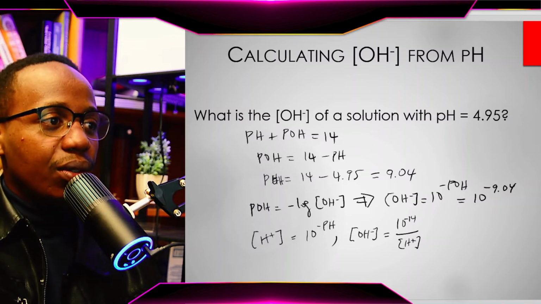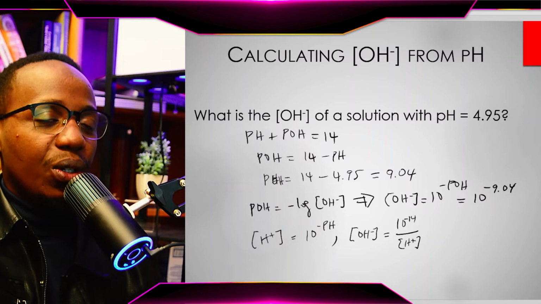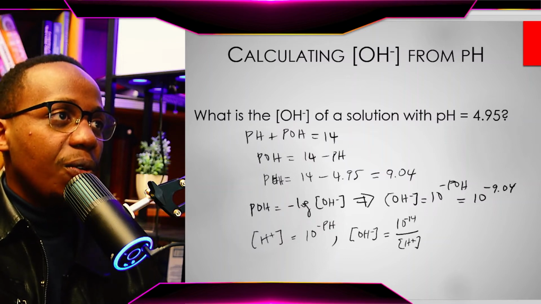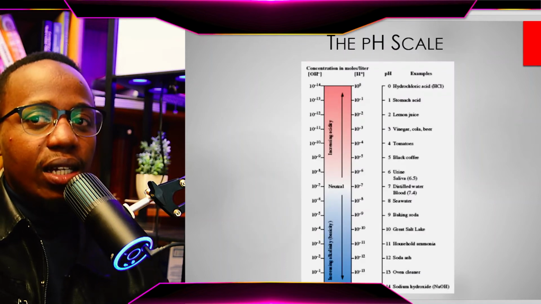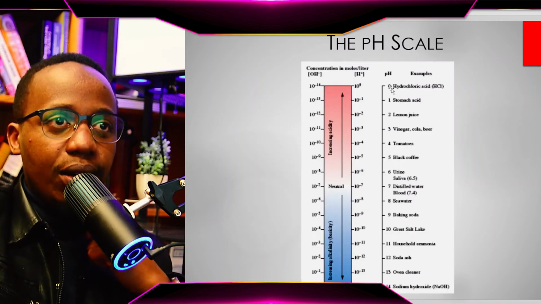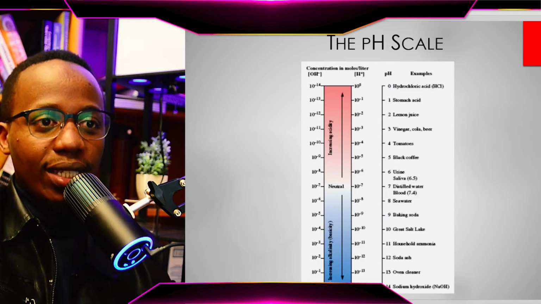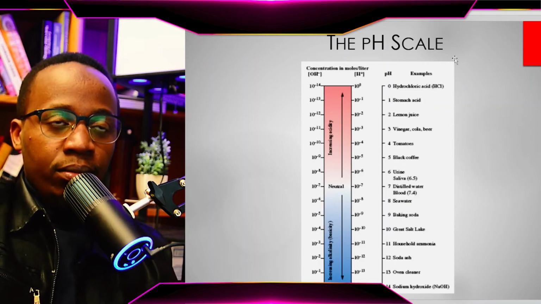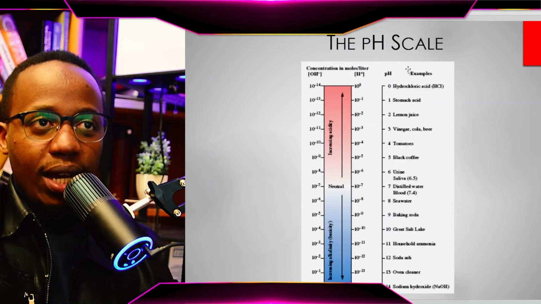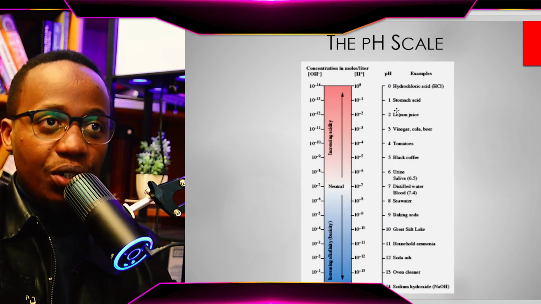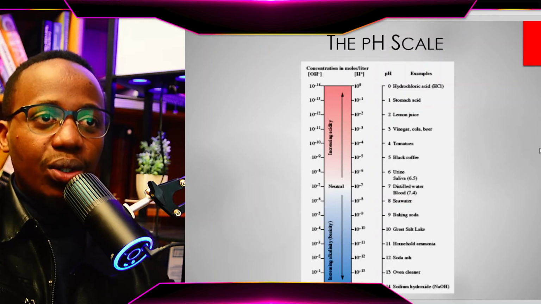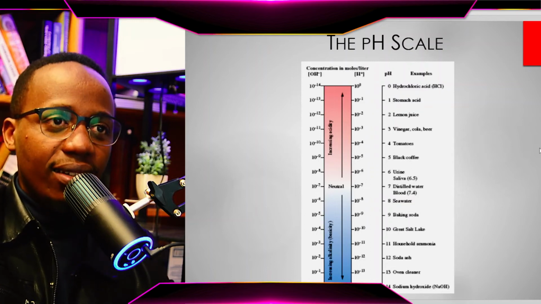All right. So that's enough examples on the calculations of pH. The pH scale is pretty broad, right? You go from 0 to 14. Again, strong acids like HCl will be at 0. You have lemon juice at 2, stomach acid at 1, vinegar at 3. So they are all acids.